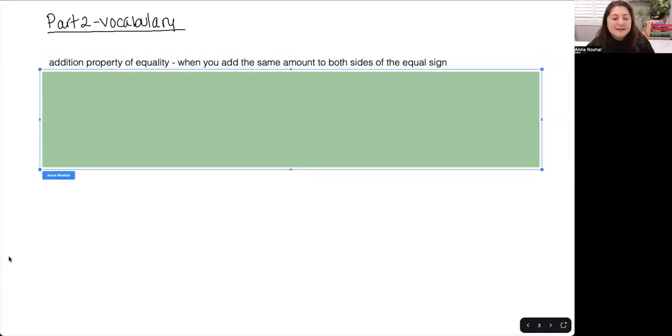Now, when we take a look at the addition property of equality, we are essentially adding the same amount to both sides of the equal sign. So you should have space in your notes to write down the actual definition. In here, the addition property of equality is I am adding something. So I am giving something to both sides of my equation.